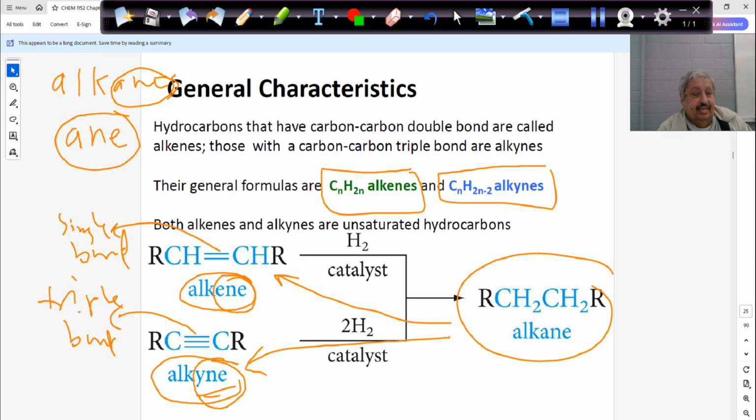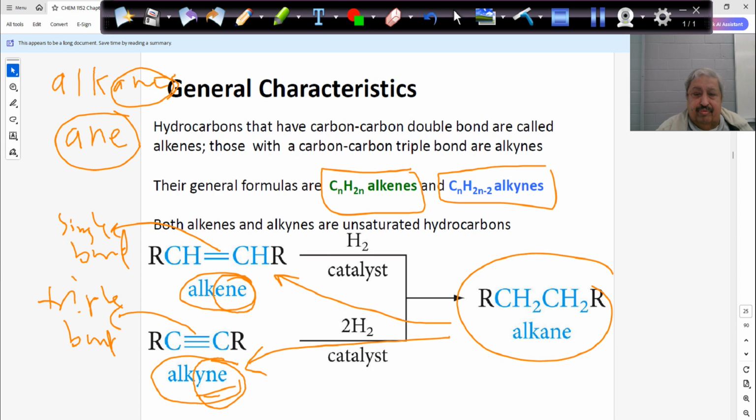This is E-N-E, and this is Y-N-E, alkynes, correct? So with the help of a catalyst, we can transfer those alkenes and alkynes into alkanes.